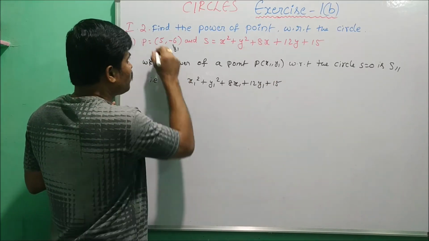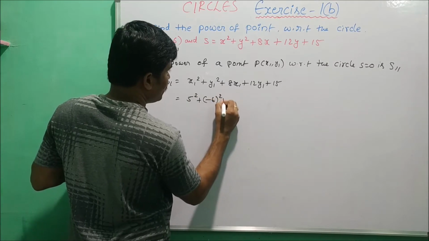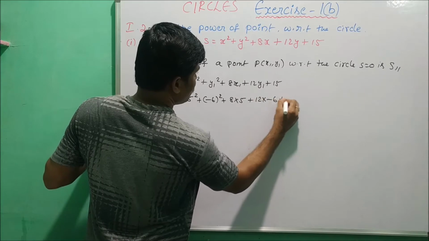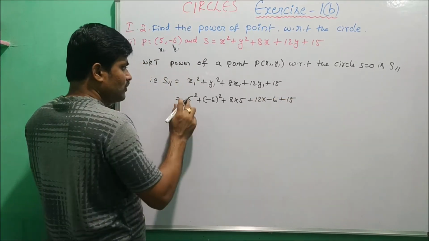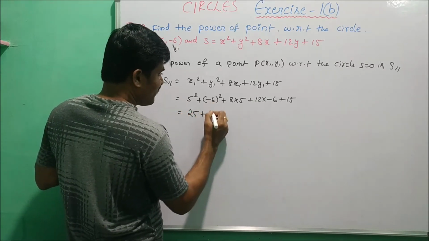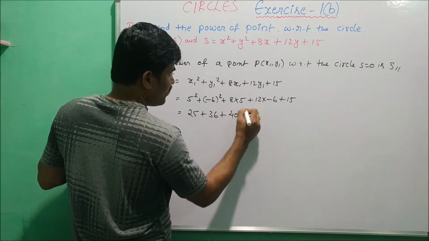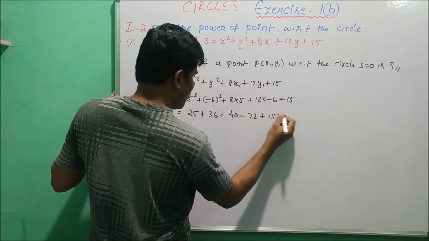In that, substitute the points: 5 square plus minus 6 whole square plus 8 into 5 plus 12 into minus 6 plus 15. Now that value can be simplified: 5 square means 25, minus 6 whole square means 36, 8 into 5 is 40, and minus 12 into 6 is minus 72, plus 15.